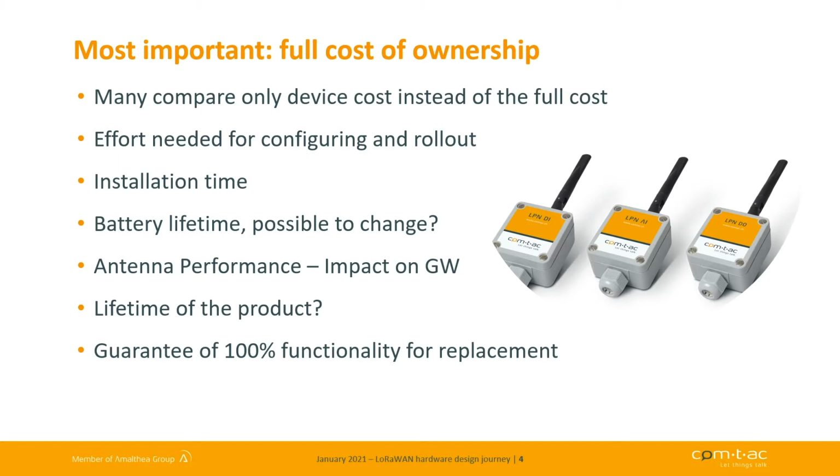Maybe if you have bad antenna performance, you must install additional gateways, which are very expensive, and therefore on a lot of our devices we have the possibility to connect an external antenna, so that you have better antenna performance even if you install your device deep indoors, somewhere in a transformer station or in a building or whatever you have.